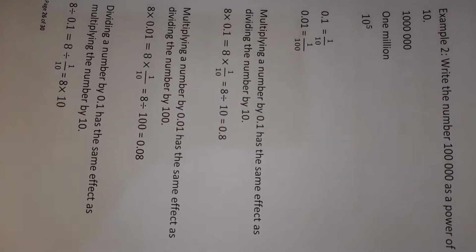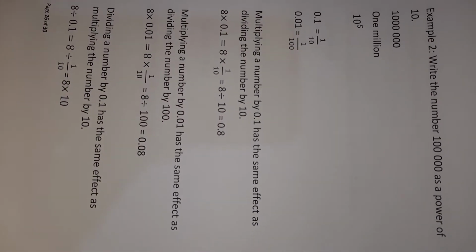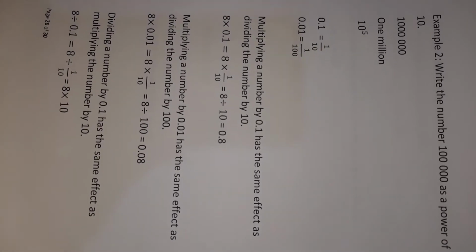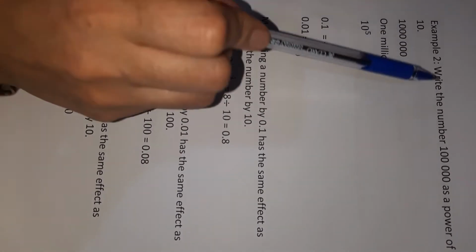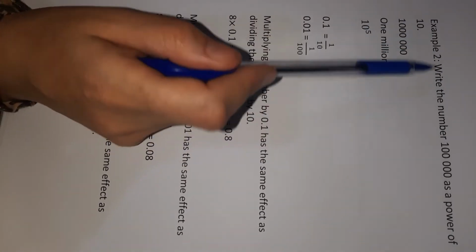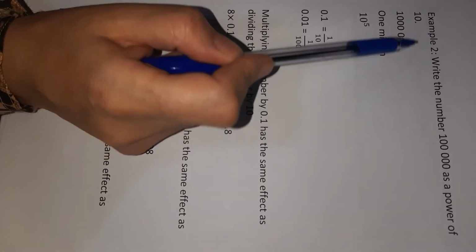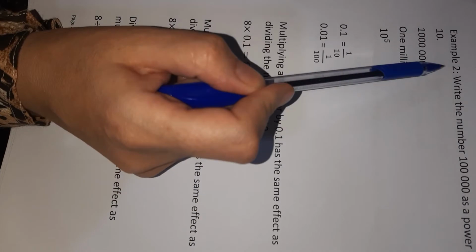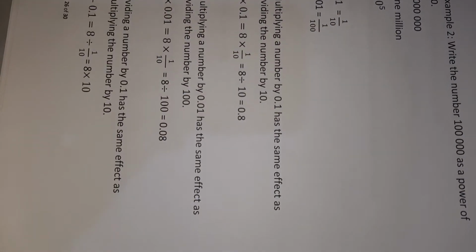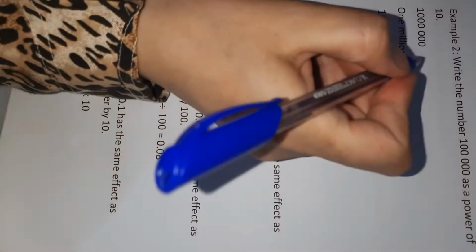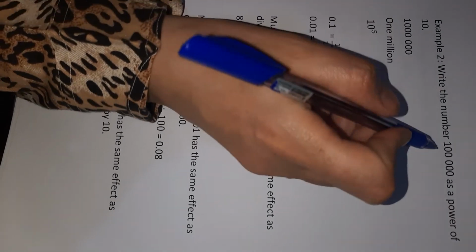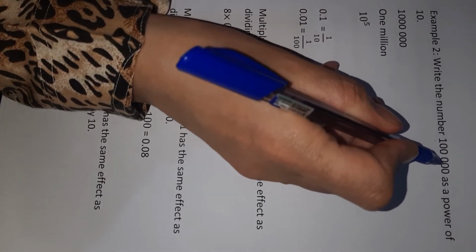Now, let's go to another idea. Example 2: write the number 100,000 as a power of 10. 5 zeros means 10 to the power of 5, 6 zeros means 10 to the power of 6, 7 zeros means 10 to the power of 7. Here we count 1, 2, 3, 4, 5.